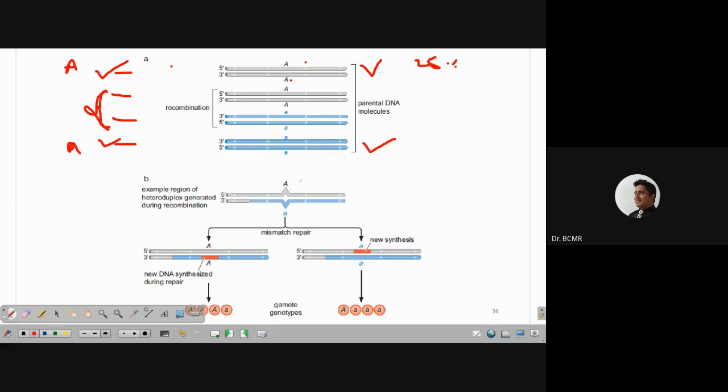During recombination, you will end up forming a heteroduplex like this. And either this capital A will be repaired or the small a will be repaired, right? Because if it is mismatched, that is what happens. Like we read about mismatch repair in prokaryotes, if it is going along with replication, we can figure out which one is the parental strand and which one is the newly synthesized strand.